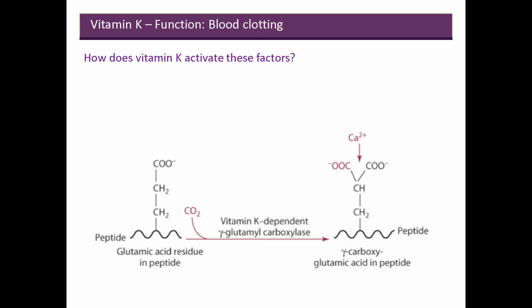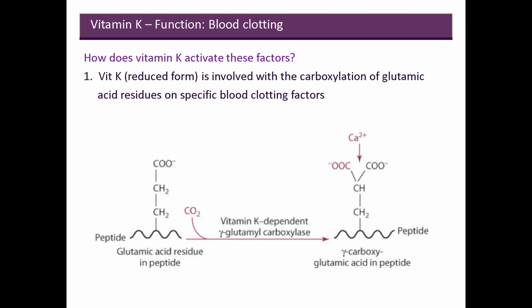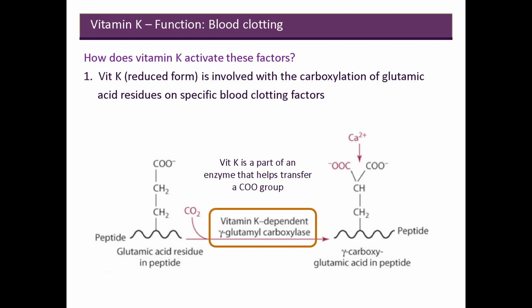So, how does this work? Vitamin K in its reduced form is involved with the carboxylation of glutamic acid residues on specific blood clotting factors. So here, vitamin K acts as a coenzyme for this enzyme to help transfer the carboxyl group. So, vitamin K dependent gamma glutamyl carboxylase.